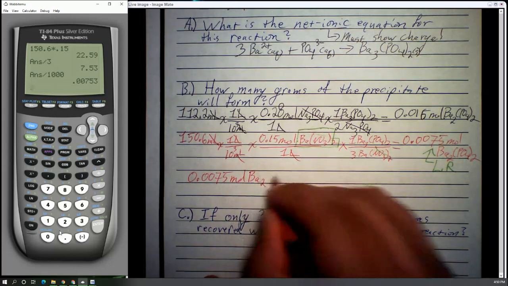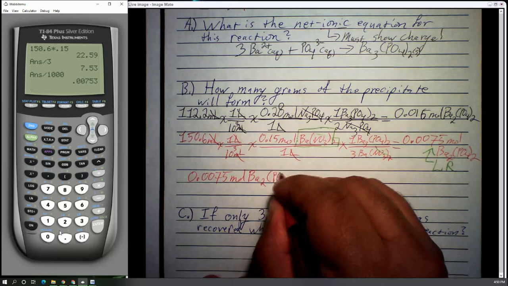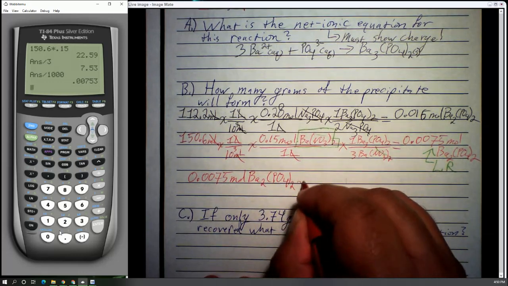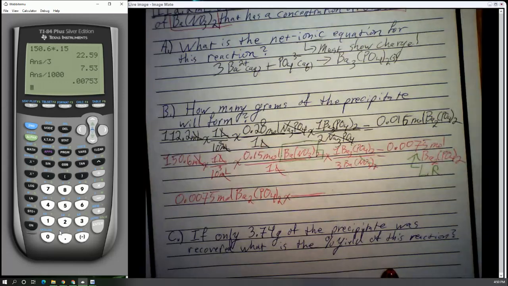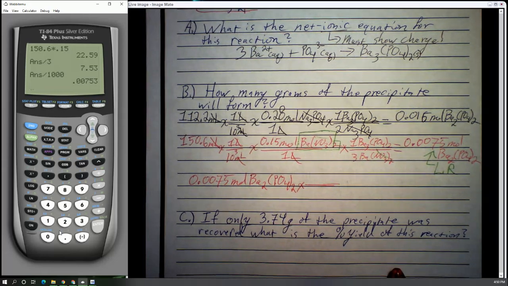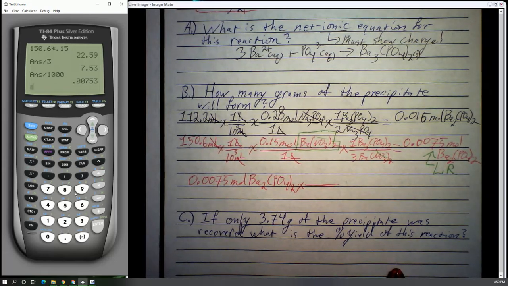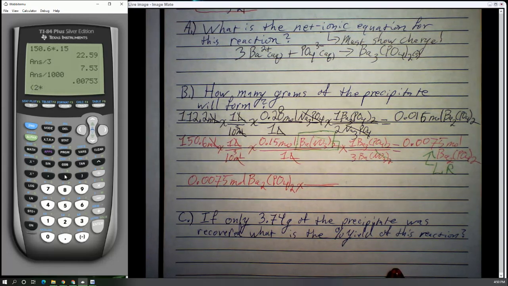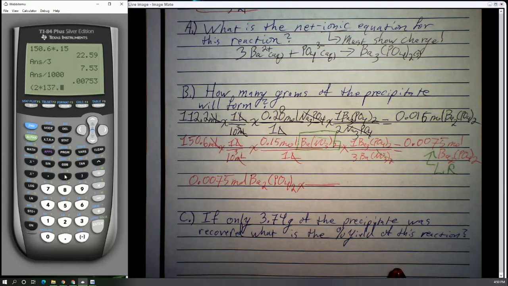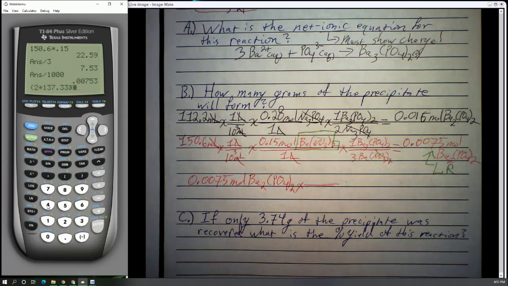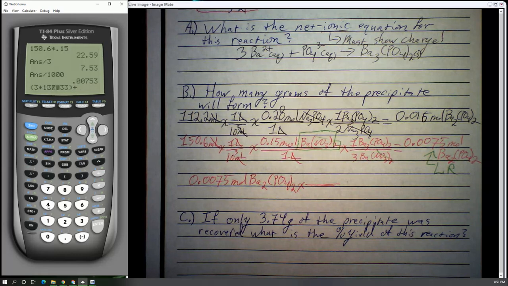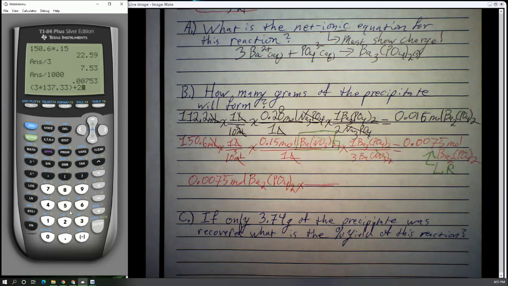Now we do need the molar mass of this compound, and it's going to be a bit big. That's a massive substance. All right, so if we double check a periodic table and add that up, we're going to have 2 bariums. This is where we're going to use parentheses. So 1 barium is 137.33, but we've got 2 of them. And then we have 3 bariums. And then we have 2 phosphates.